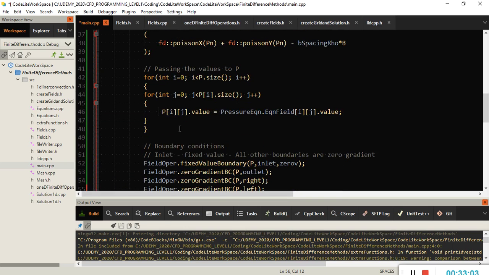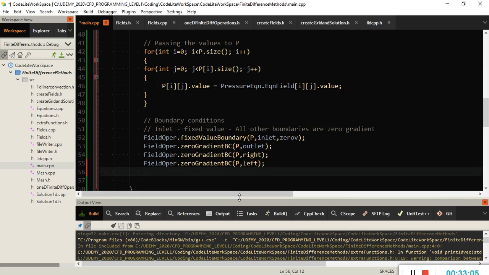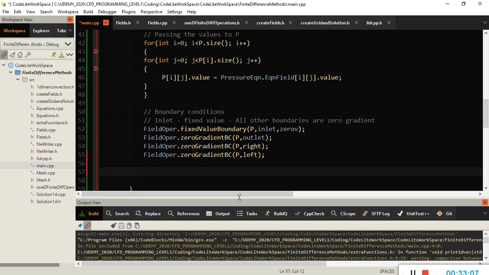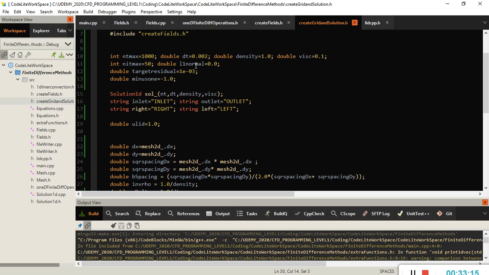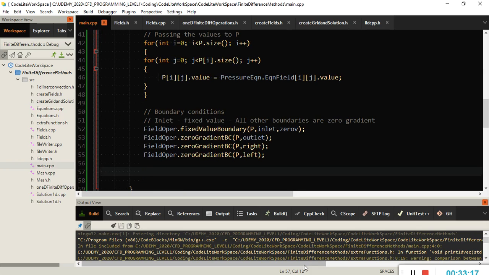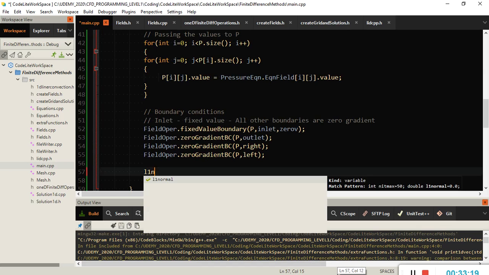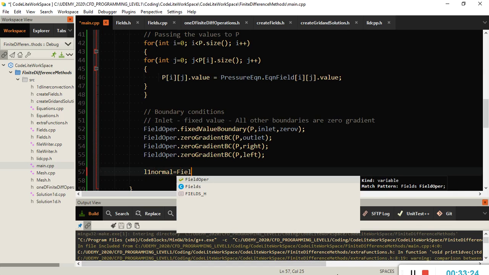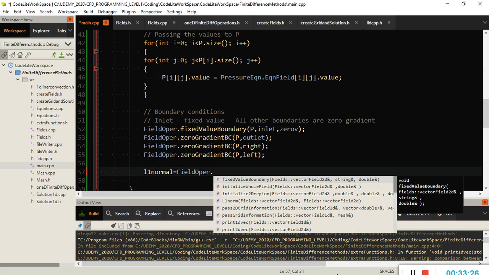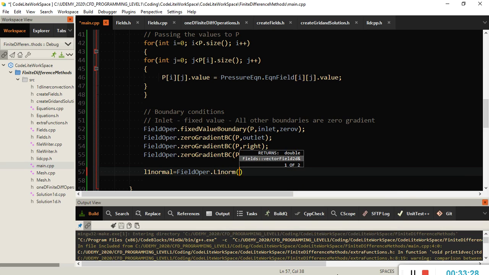Now we need to calculate. Remember that we wrote a double value called L1 normal. So we can say that L1 normal is equal to field upper dot L1 norm of p.